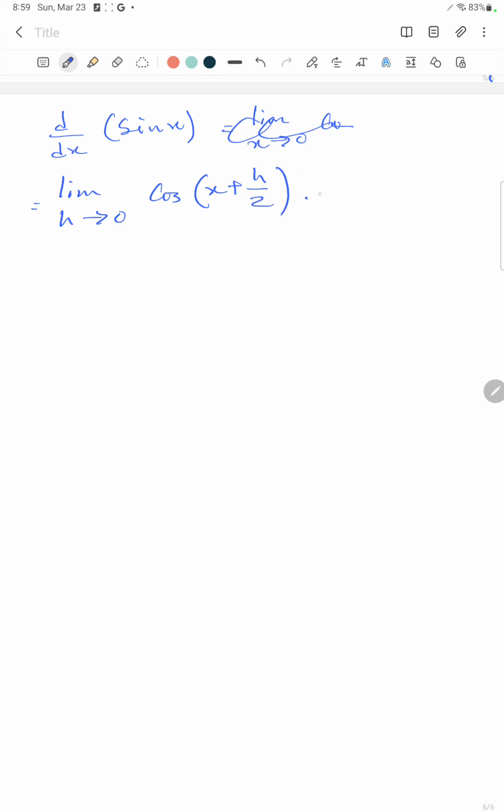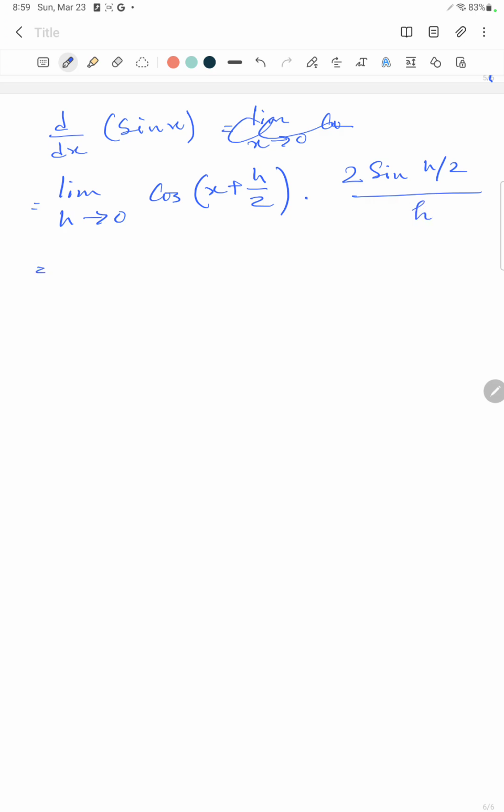So d/dx of sine x, actually we started from here and we ended up with this cos, I'm sorry. So this was limit h goes to 0 of cos(x + h/2) into 2 sin(h/2) by h.